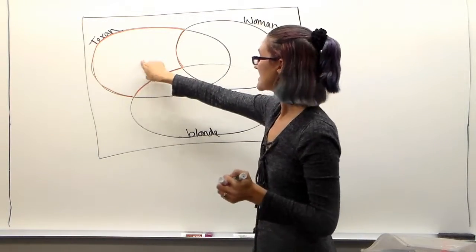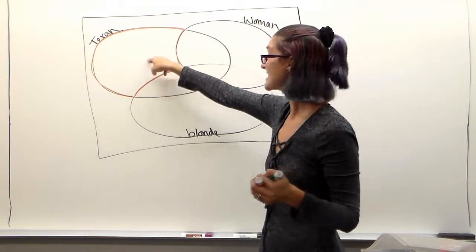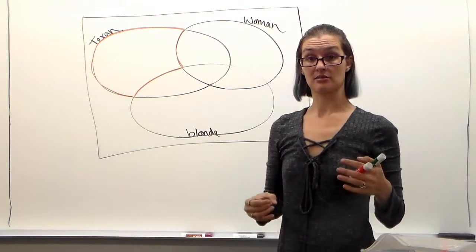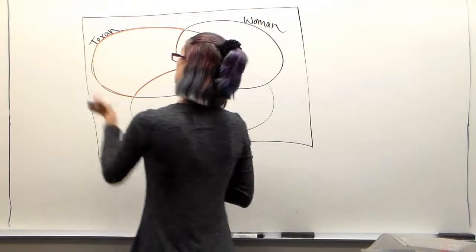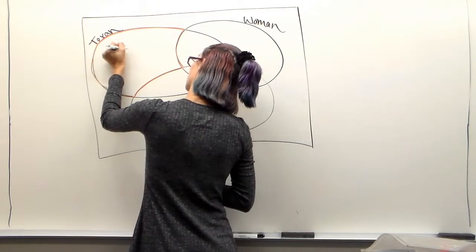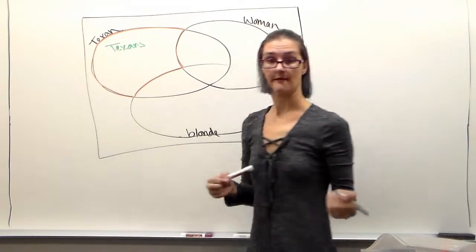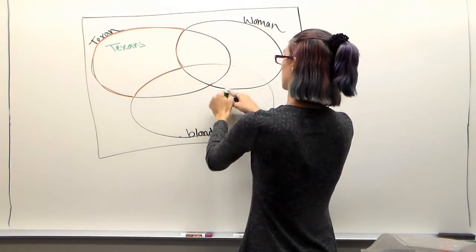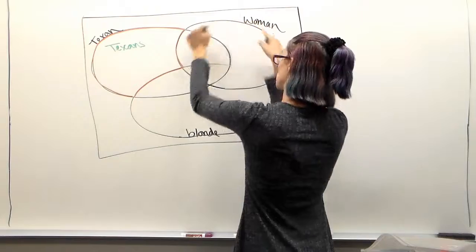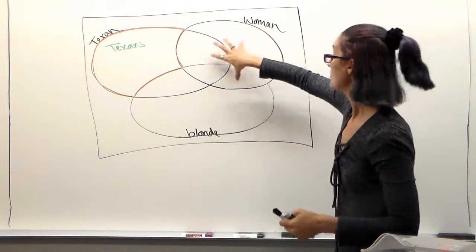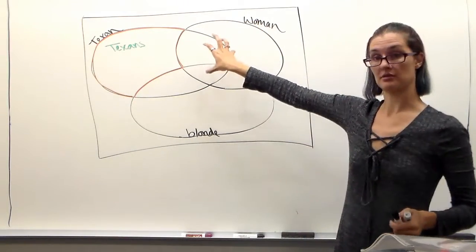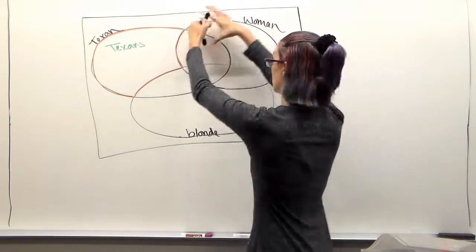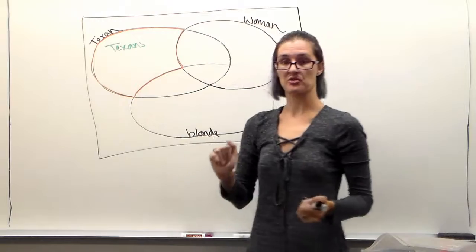So in this particular piece, the only thing we're identifying is Texans. This circle over here is all our women. If you're a woman, you're in this circle. If you're not a woman, you're not in this circle. So any women go into that circle.